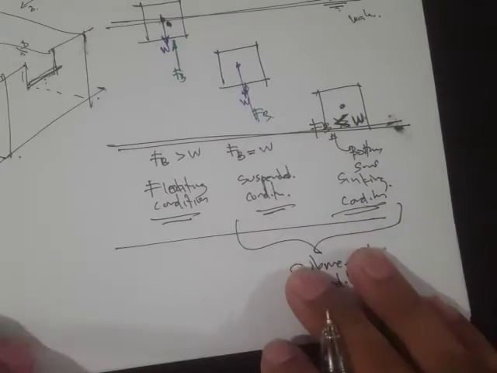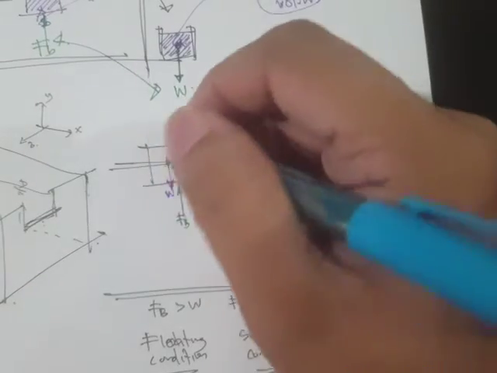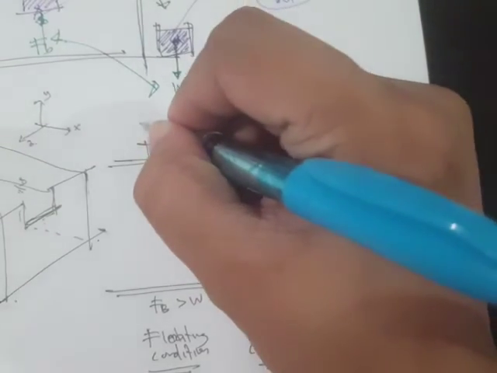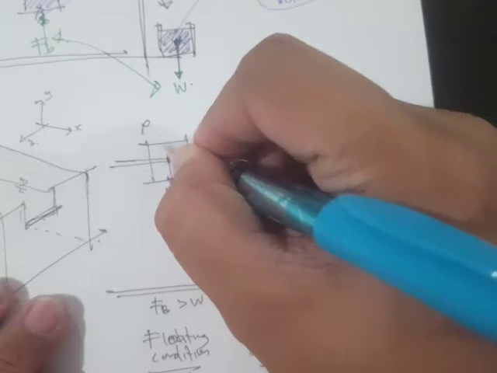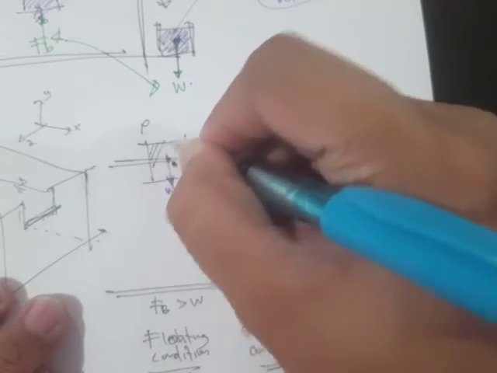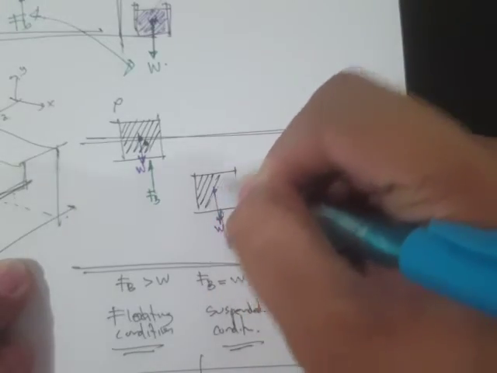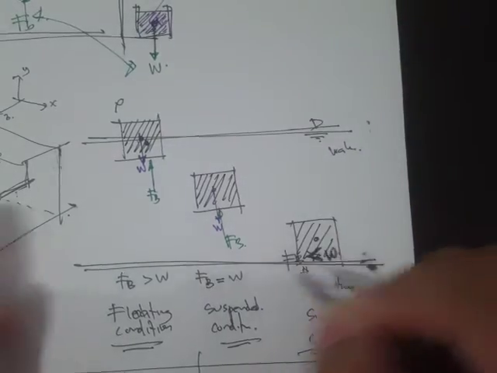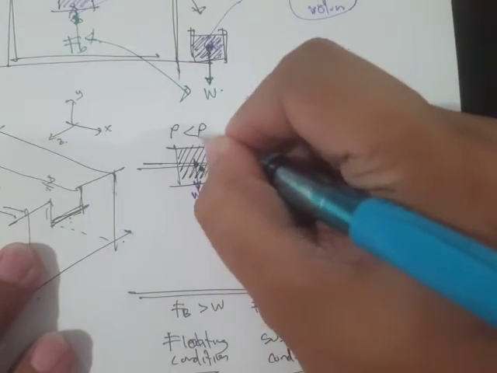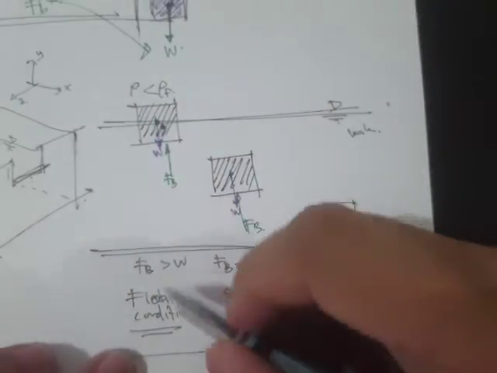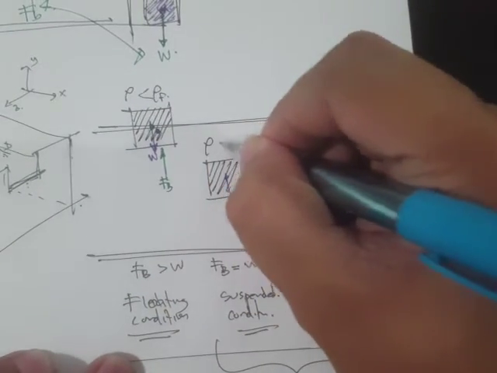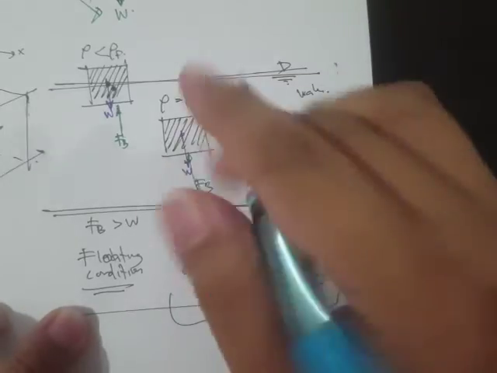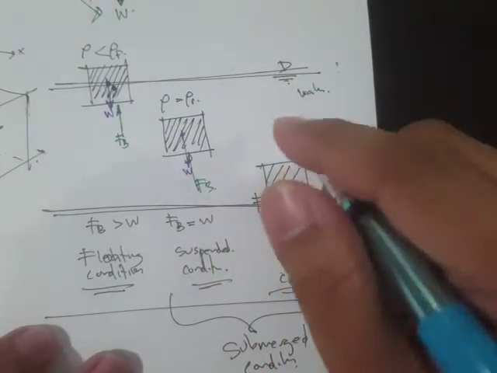We can also look at this scenario in terms of density. If the density of this object is less than the density of the fluid, that's going to be the floating condition. If they're just equal, it will be a suspended condition.